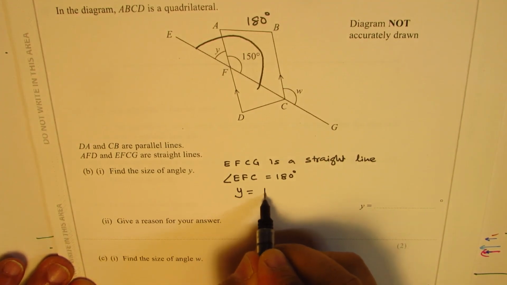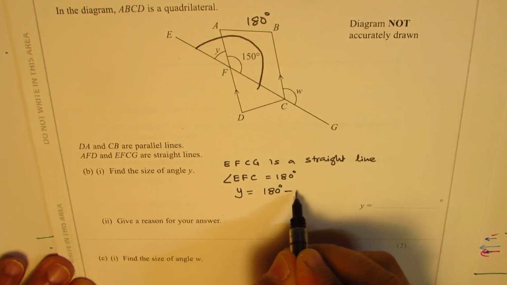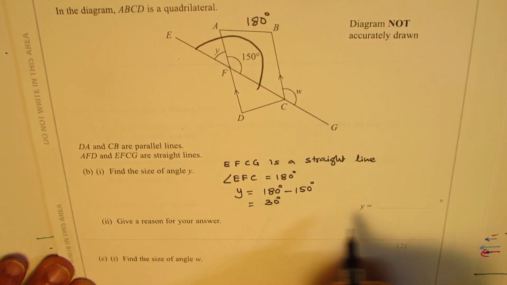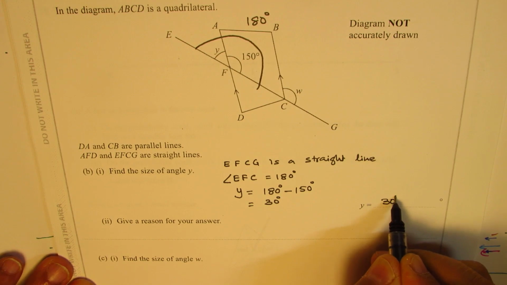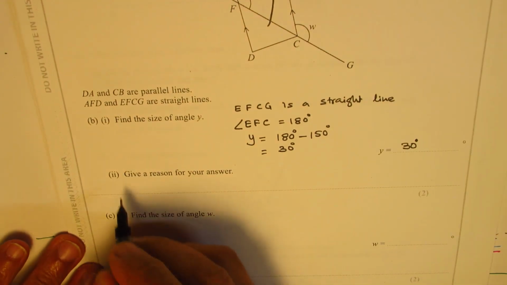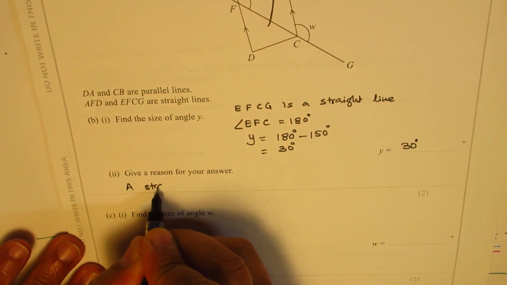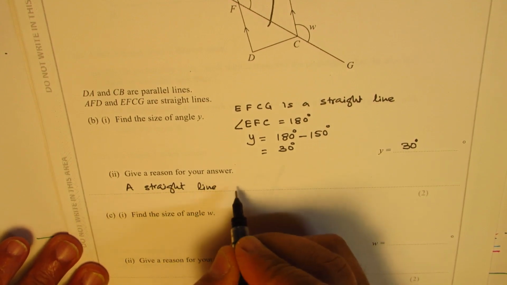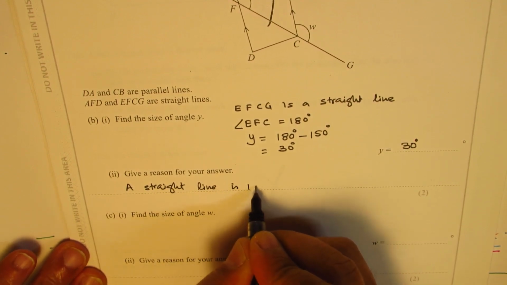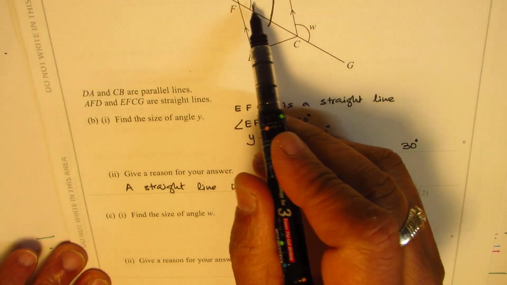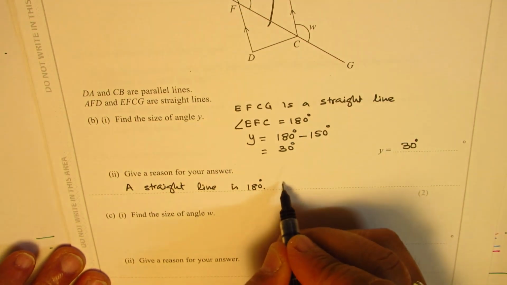Y is equal to 180 degrees take away 150 degrees. So that gives us 30 degrees, correct? So we get 30 degrees as our answer. We need to give a reason for your answer. Reason is this, right? A straight line is 180 degrees, right? So part angle is, so it's a supplementary angle.